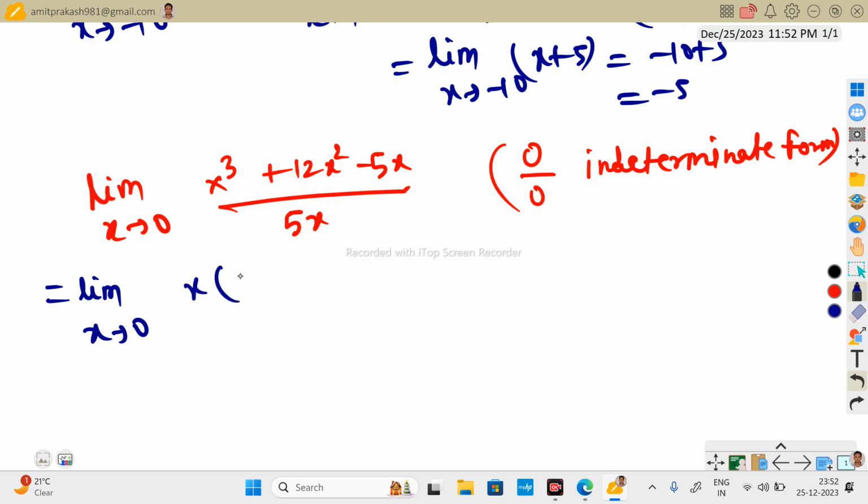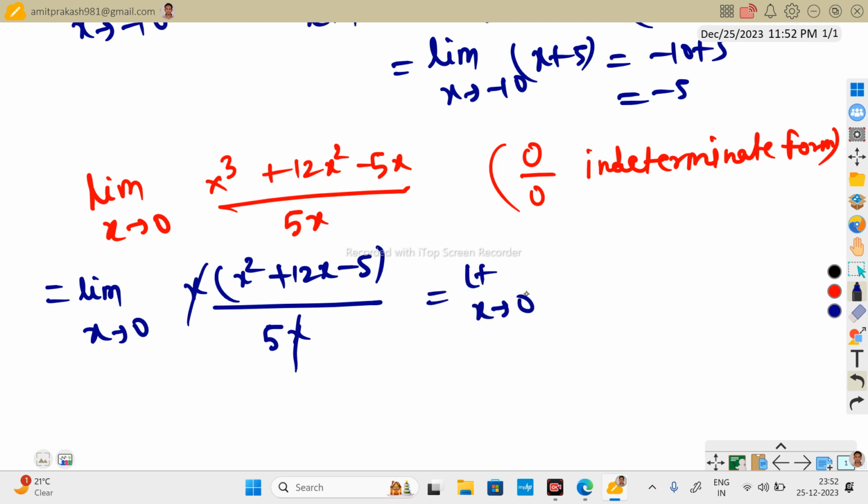So we have x square plus 12x minus 5 upon 5. Since x goes to 0, either from the right side or the left side, x is not equal to 0 here. So limit x tends to 0 of x square plus 12x minus 5 upon 5.